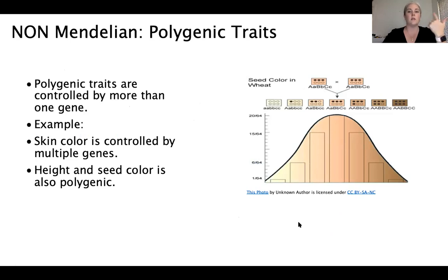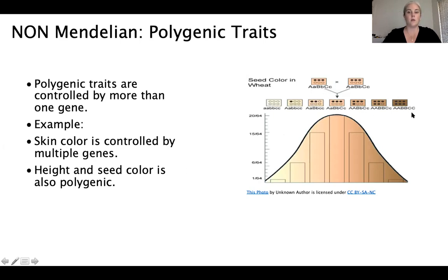So, skin color, eye color, hair color, height, seed color in plants, fur color in several other organisms are all going to be due to what we call polygenic inheritance, or it's a polygenic trait. It just means it's controlled by more than one gene. And for the most part, it's controlled by the presence of a functioning version of each of those genes.